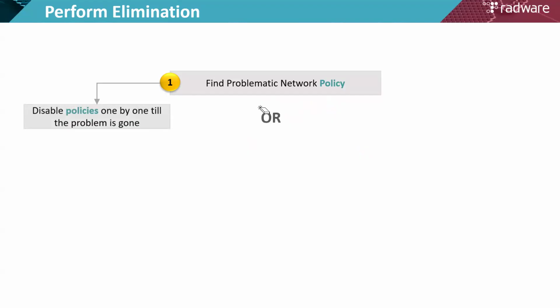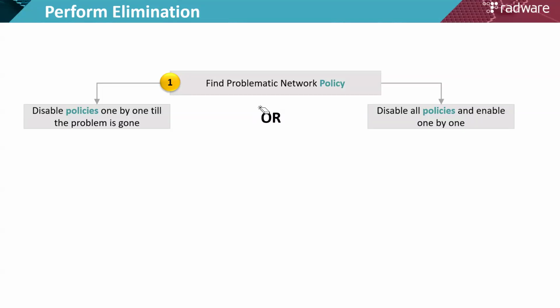You can perform elimination. Since the policy comes first, then the protection profiles, you have two approaches that you can take. You can disable policies one by one till the problem is gone. Let's suppose we have two policies.